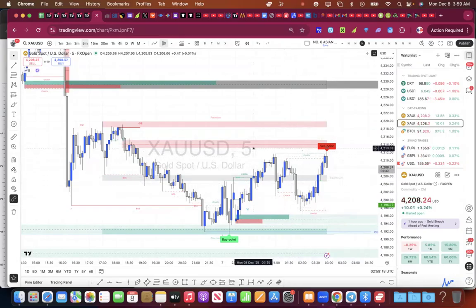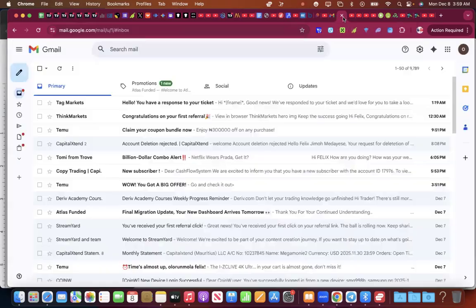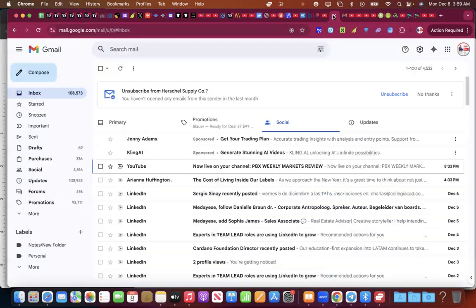So look at the fair value gap still waiting, and then there's a supply zone still waiting, all right? And these are the things that you want to look at. Okay, so that means my signal that told me to sell was actually correct because there was a signal that came, right?